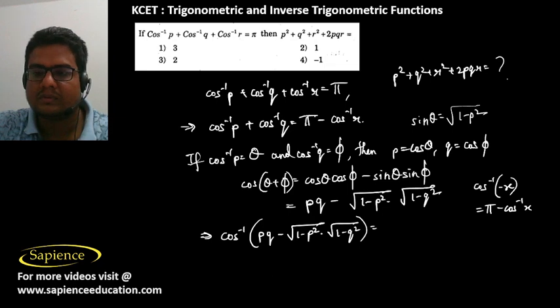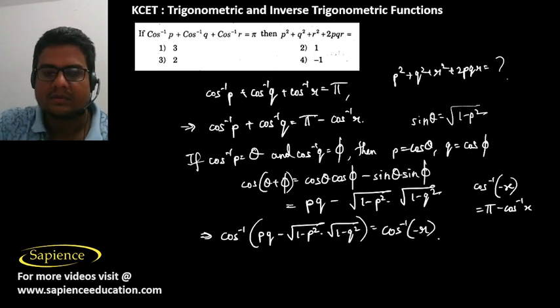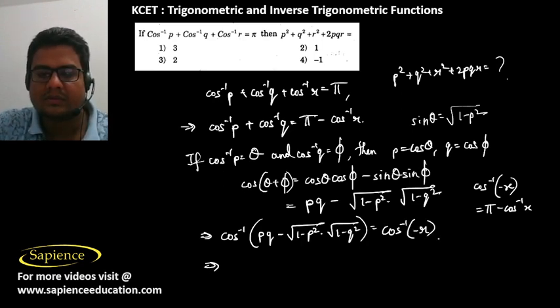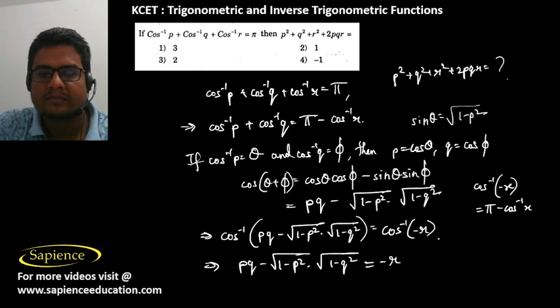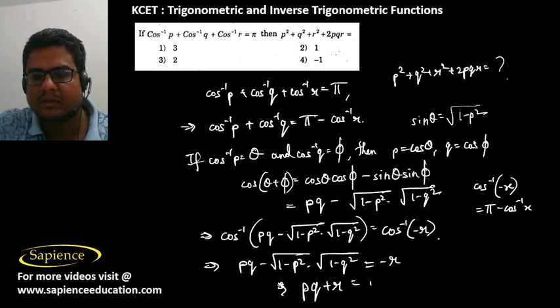So therefore you can say this pi minus cos inverse R as cos inverse of minus R. So if we take cos on both sides, then we can say that PQ minus square root of 1 minus P square into 1 minus Q square, that is equal to minus R. Now this means that PQ plus R, that is equal to square root of 1 minus P square into 1 minus Q square.